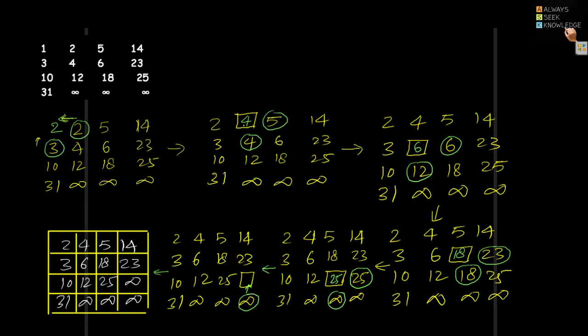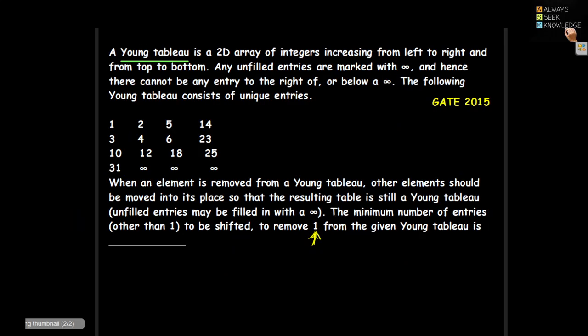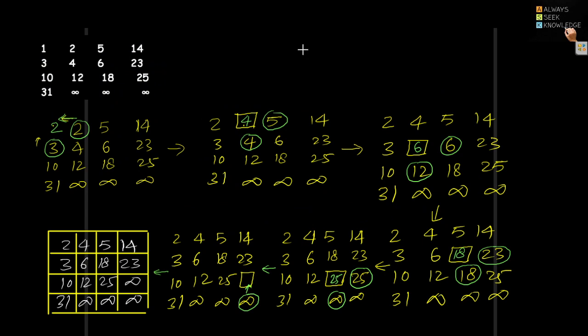Now if you look at the updations which we have made, look at the question. They are asking the minimum number of entries other than 1 to be shifted. For how many entries do we need to make changes here? The very first entry, 2, we have made here.